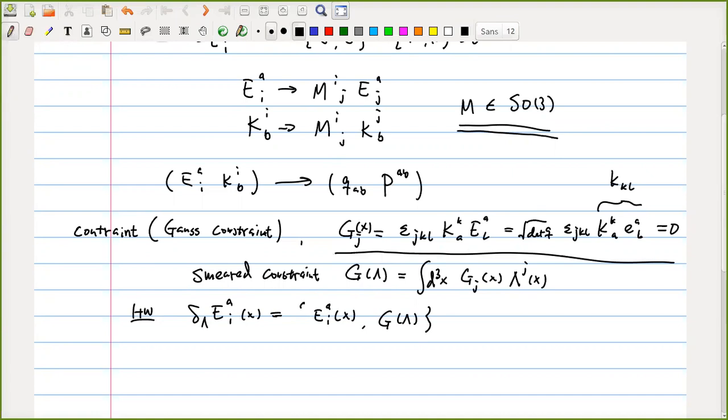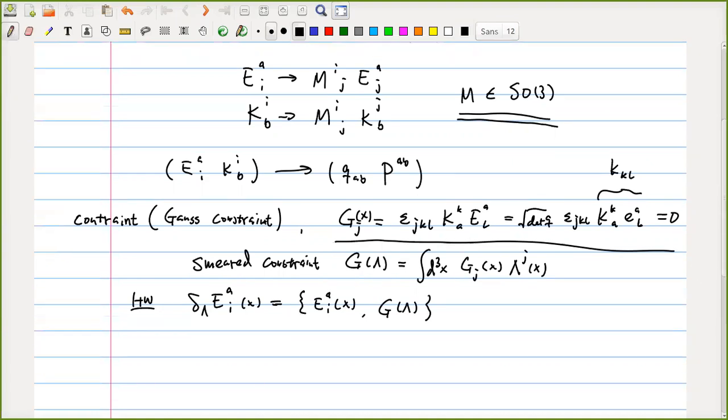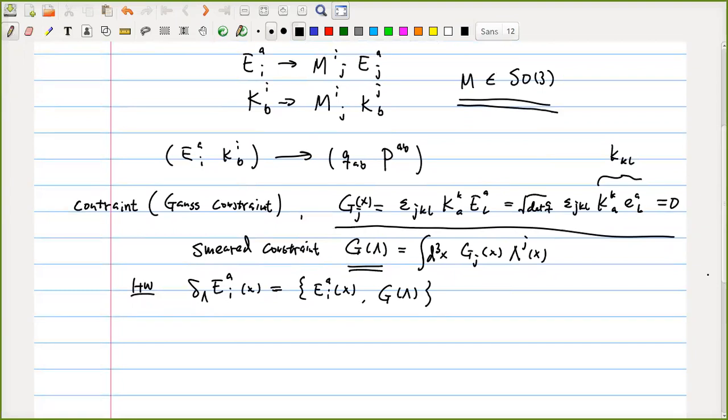As I mentioned before, this is called the infinitesimal Hamiltonian flow generated by this phase-space function, which is a constraint. This is supposed to generate a gauge transformation because G is a constraint.